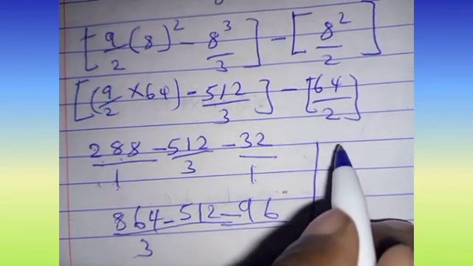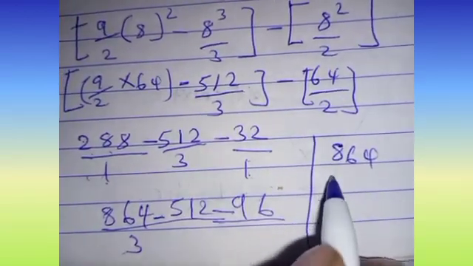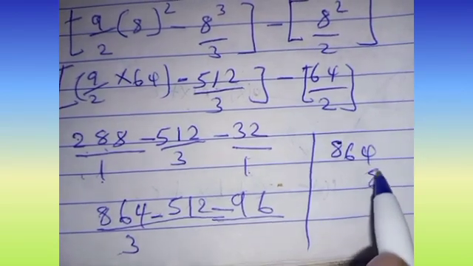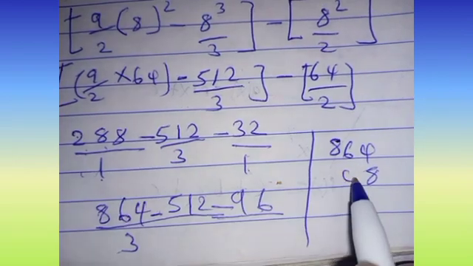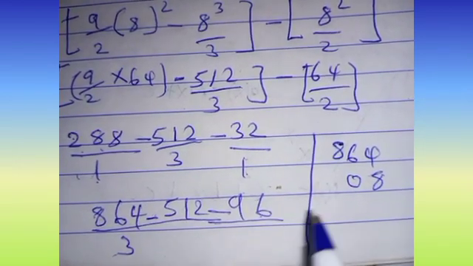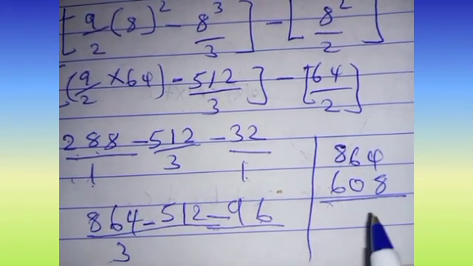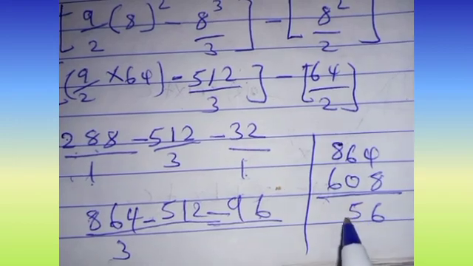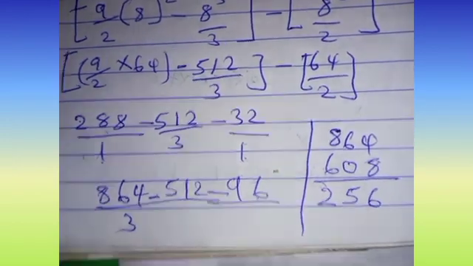So here we have 800, this is 4, minus 8, 0, carry 1, 6. So we subtract these two. This is 14 minus 8 is 6, 5. 8 minus 6, it is 2.